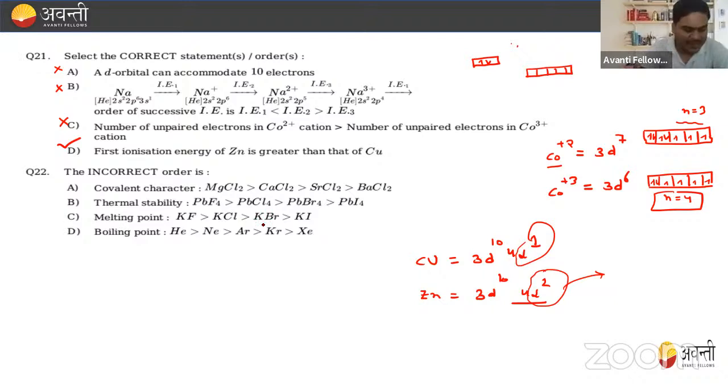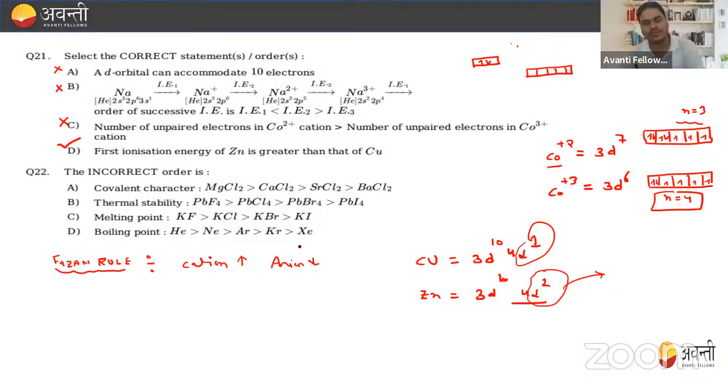Now, the next question is you have to identify the correct order, right? The order in this question is for covalent character. For covalent character, what do we use? Fajan's rule, right? So according to Fajan's rule, the charge on the cation must be more and the charge on the anion must be low.